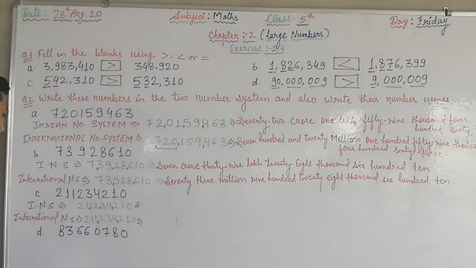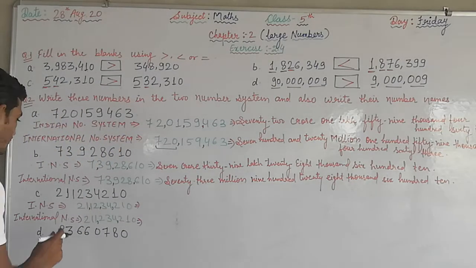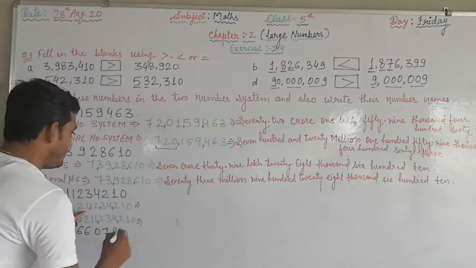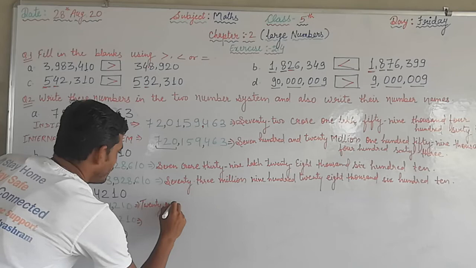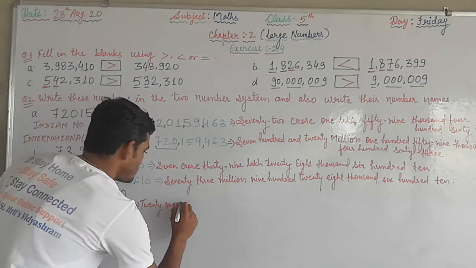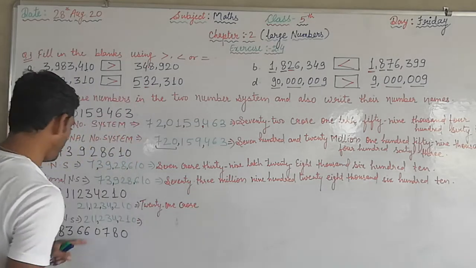First we are going to write the number names in the Indian number system. Okay, 21 crore.